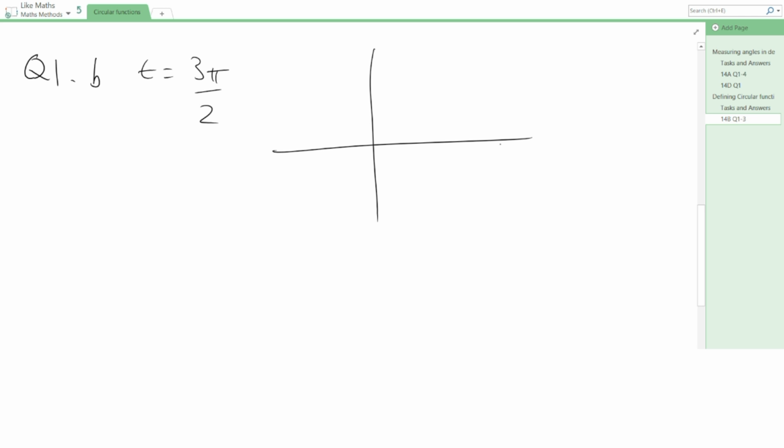So from before, in this unit circle, we said that if you go all the way around, it's 2 pi. So if you go around 3 pi over 2, you've actually gone 3/4 of the way around. So in terms of this line being shown around here, you're down here.